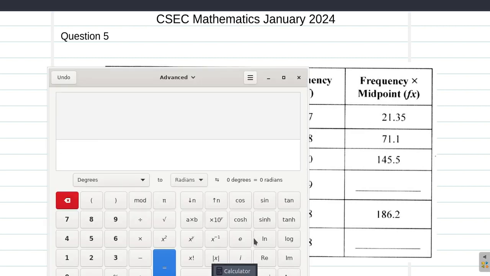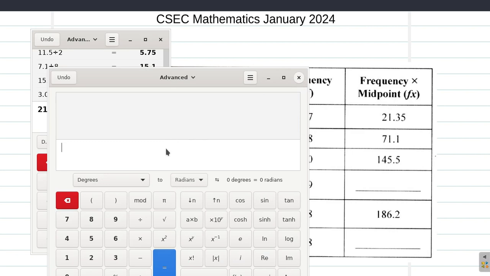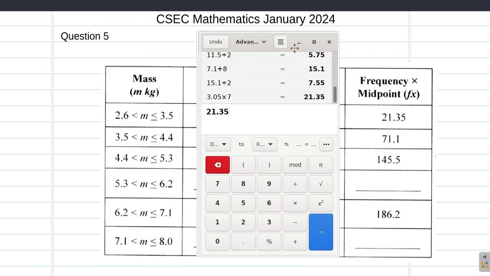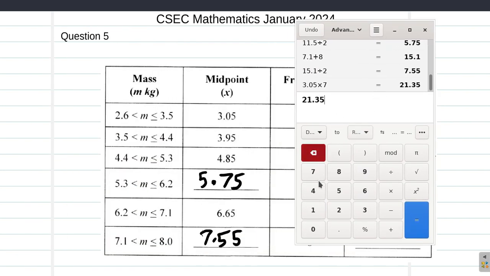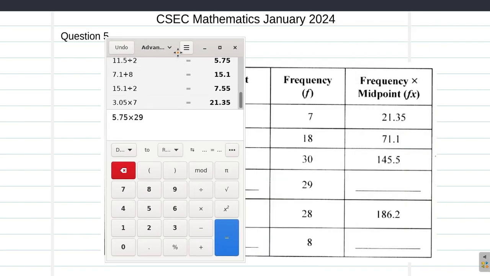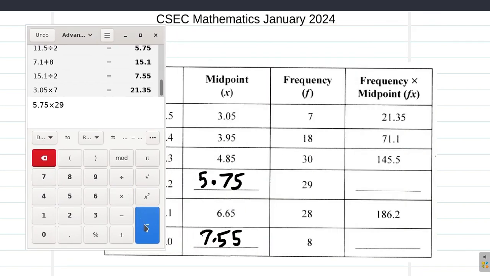5.75 times 29. It's 29, right? Times 29 equals 166.75.